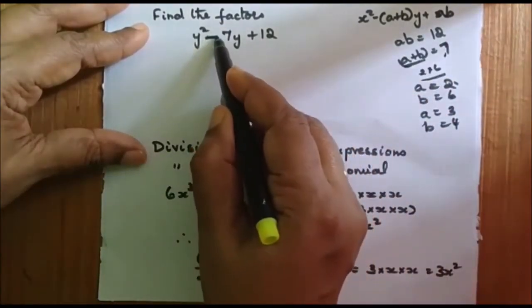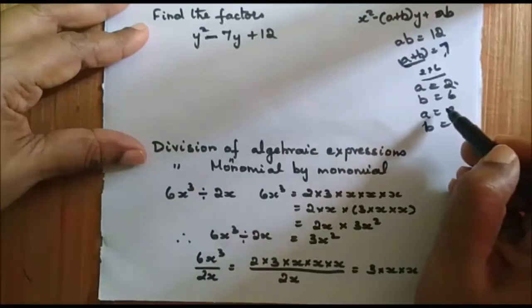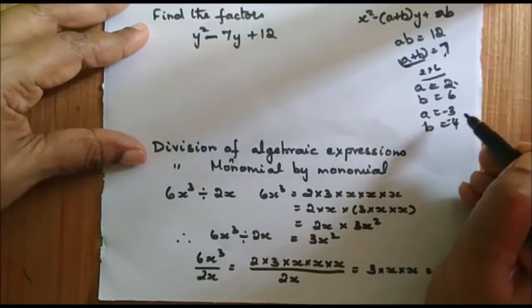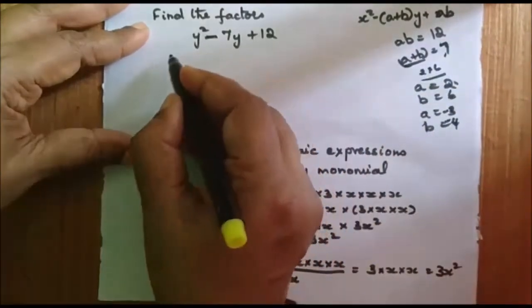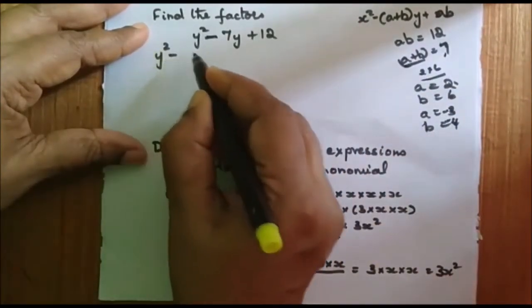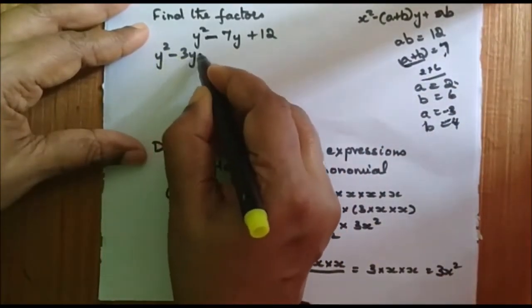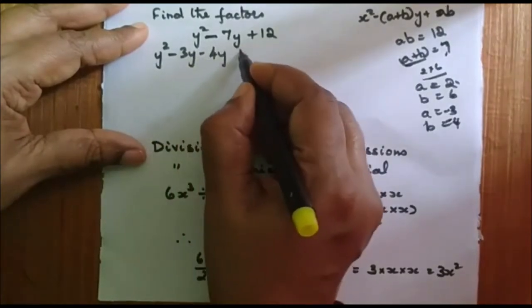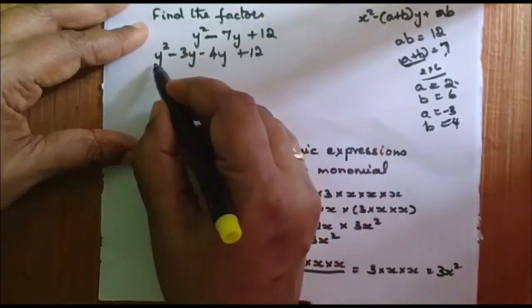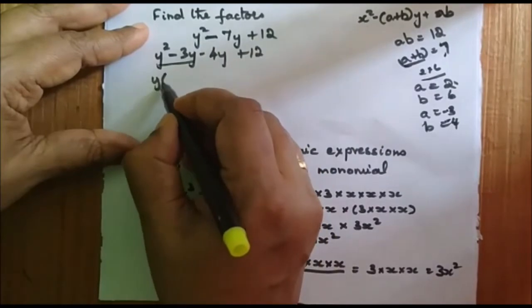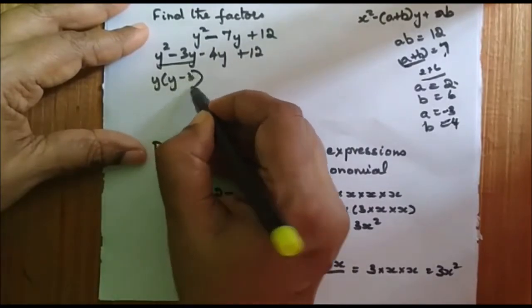But I have a minus sign over here. So I can take minus 3 and minus 4. When I multiply them, I will get plus 12. Okay. So y squared minus 3y minus 4y plus 12. Now let me take y common in both the terms. I take y minus 3.